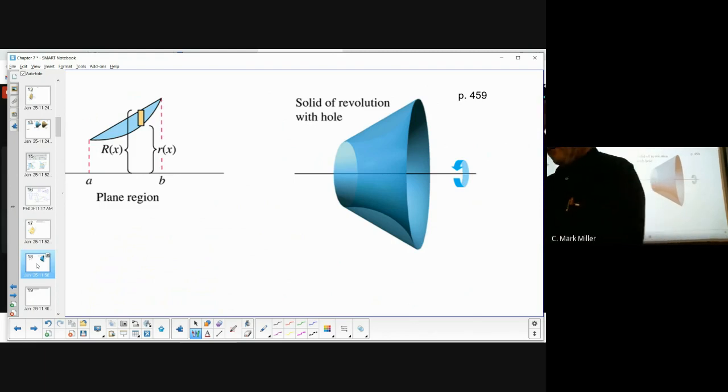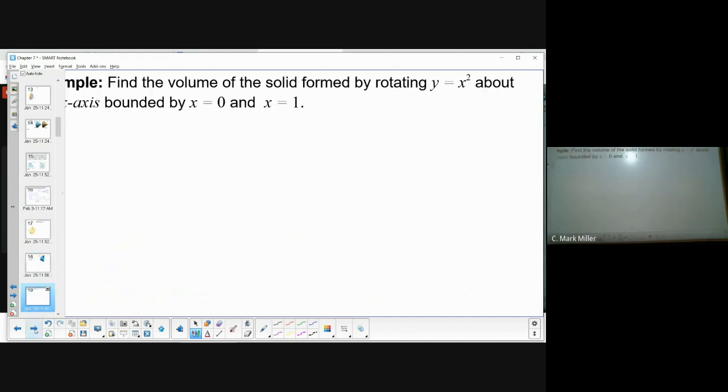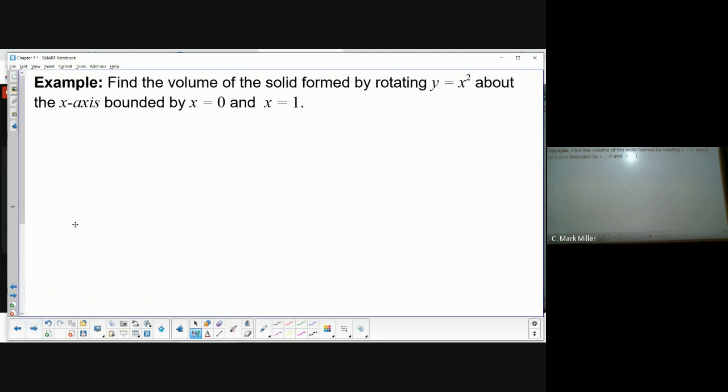The idea of a washer. We're going to work our way up to it.